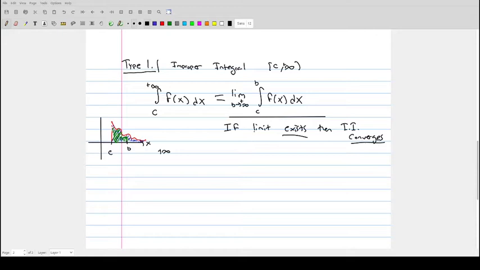And if this limit does not exist, or DNE, then we say that the improper integral diverges.